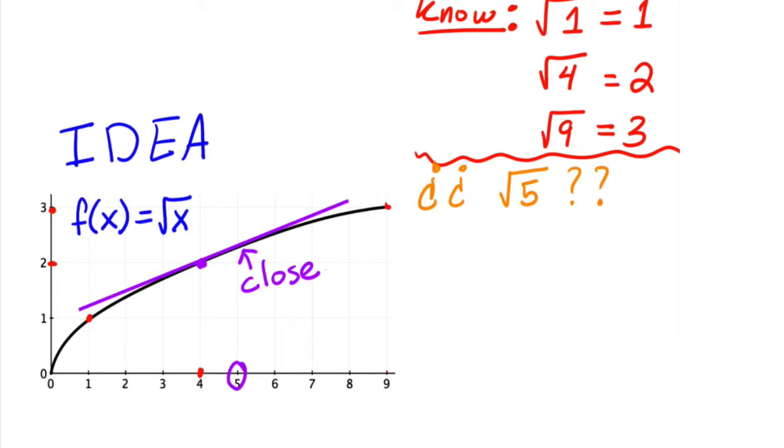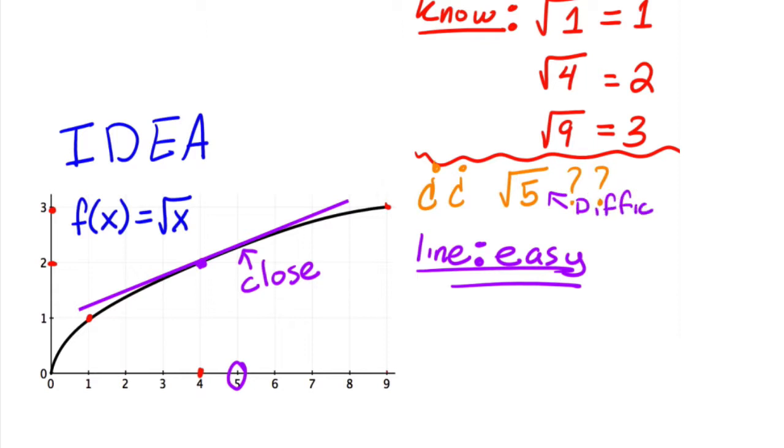A tangent line, plugging a number into a line, is very, very easy. So the basic idea is that if we're looking for, for example, the square root of 5, which is difficult to find without a calculator, what we do is find the tangent line at a point that's close, but not difficult.